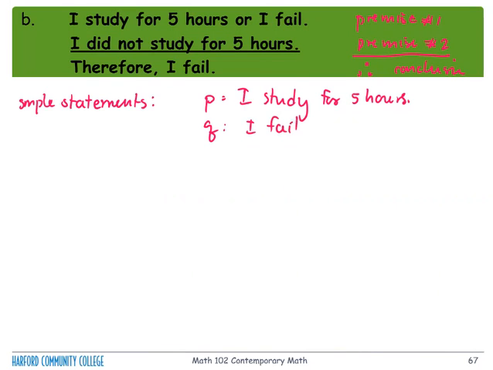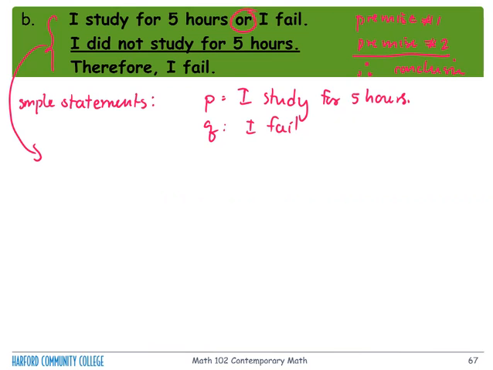Okay, and then we're gonna rewrite the argument in terms of symbolic form. For premise number 1, we see the connective or there. The first sentence, I study for 5 hours, or the next, followed by I fail.